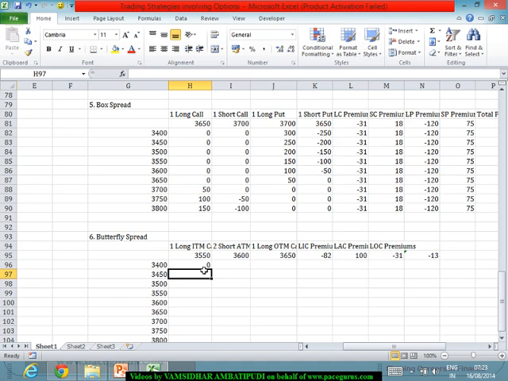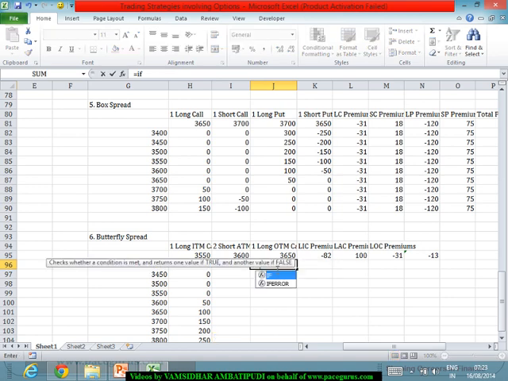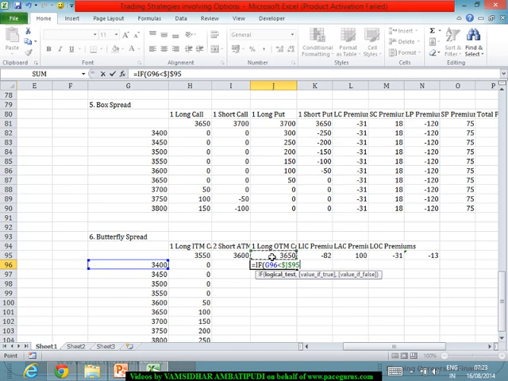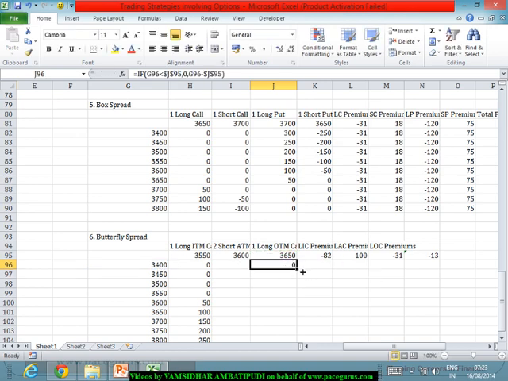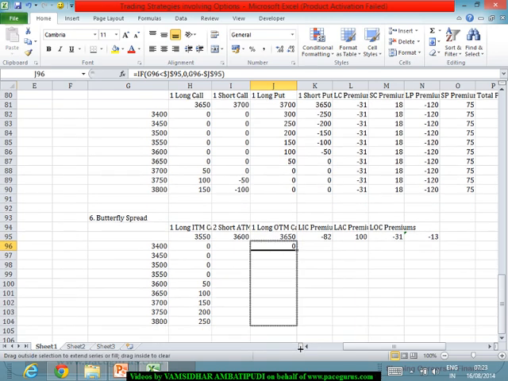So this is the payoff of the long call position. The same logic I'll apply for this call. If the stock price is lesser than the strike price, no benefit. Otherwise, it's going to be the difference between these two. So in this case also the profits are working out to some of these numbers.